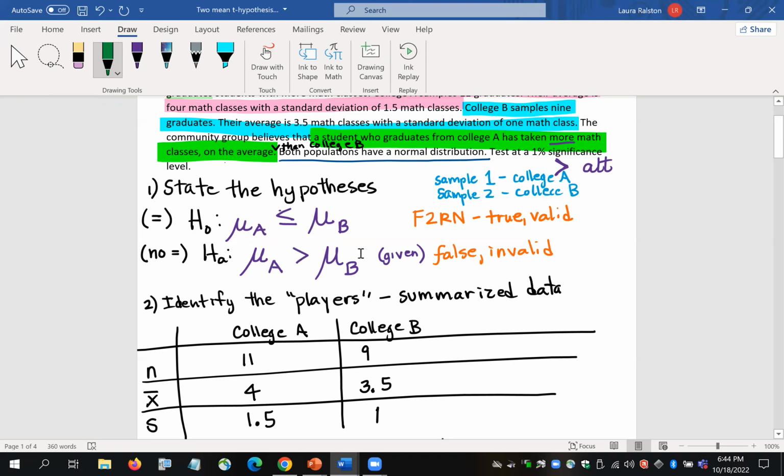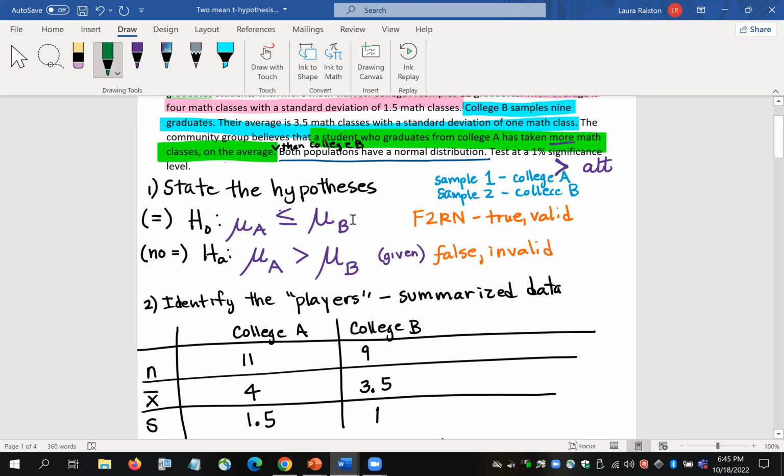But no, you're confusing two things. Okay. My hypothesis is that a student who graduates from college A has taken more math classes than a student from college B, which is the alternative hypothesis.